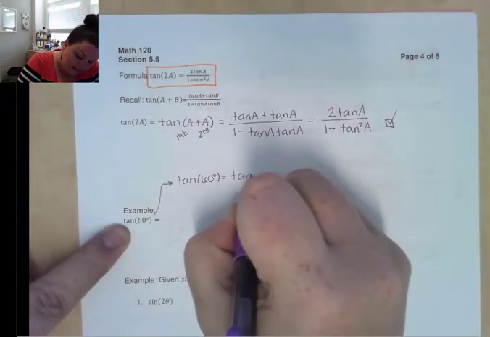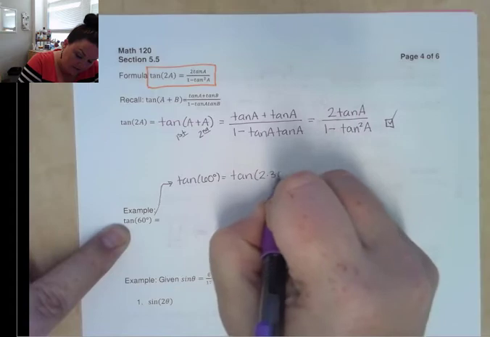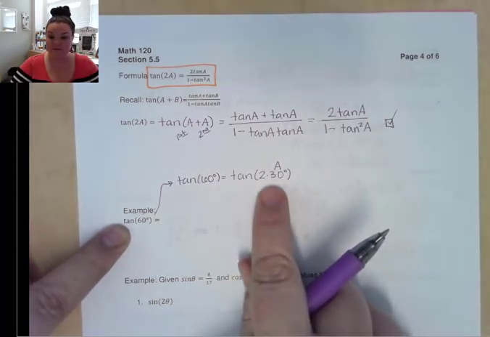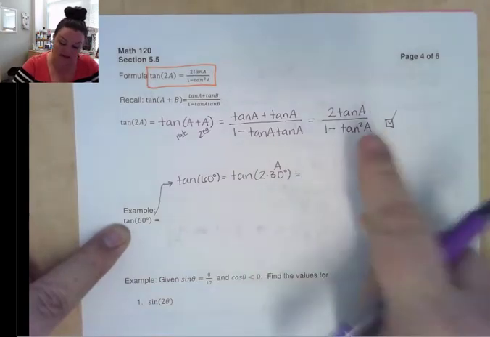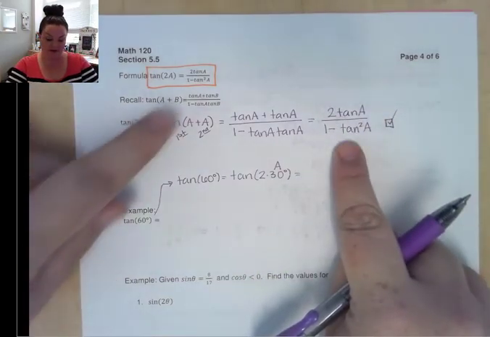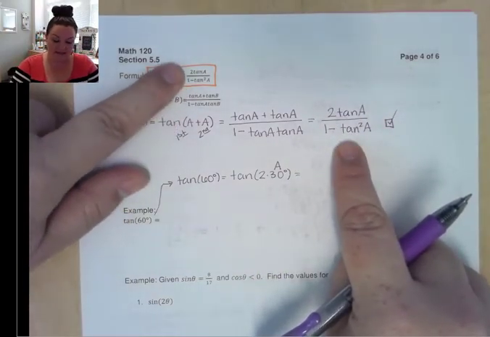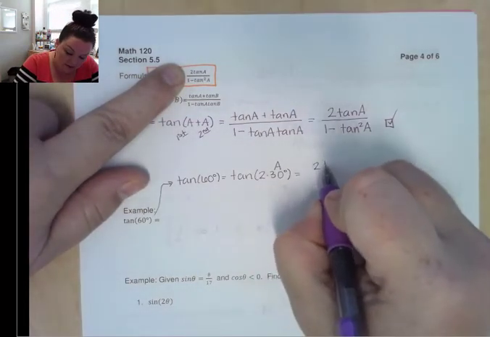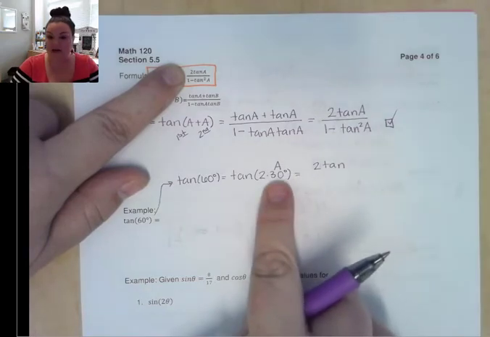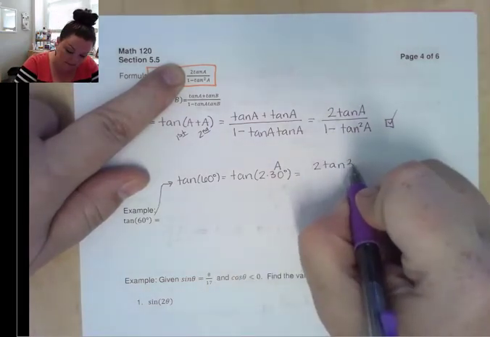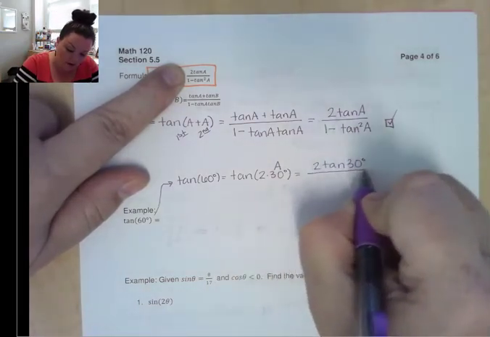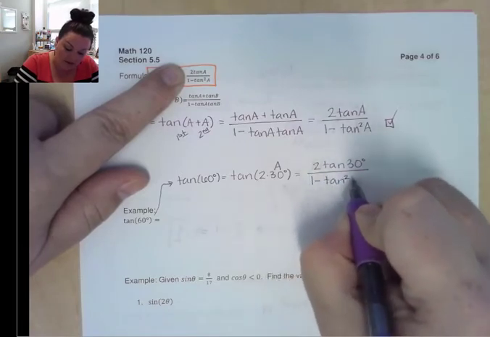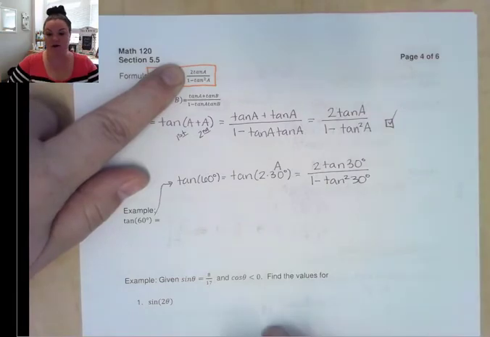So that's the same thing as tangent of 2 times 30 degrees. 30 degrees will be our A. So now the formula we just came up with, that we want to verify, is that this is the same as 2 times tangent A, which A in our case is 30 degrees, all over 1 minus tangent squared A, or tangent squared 30.